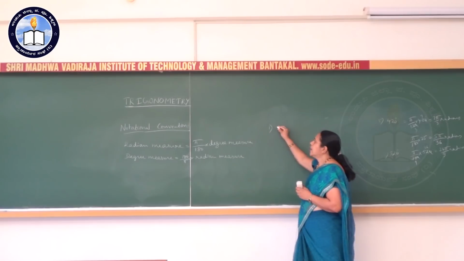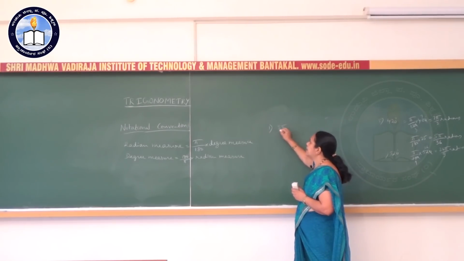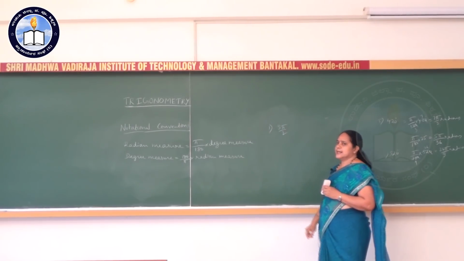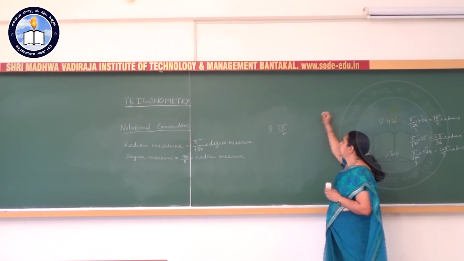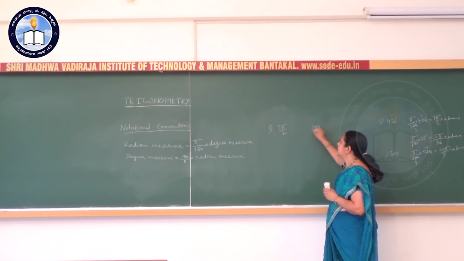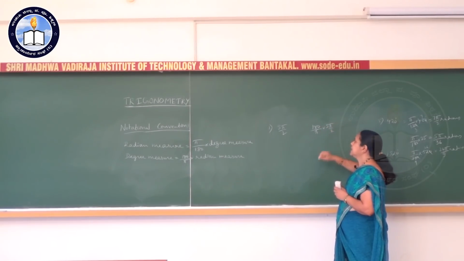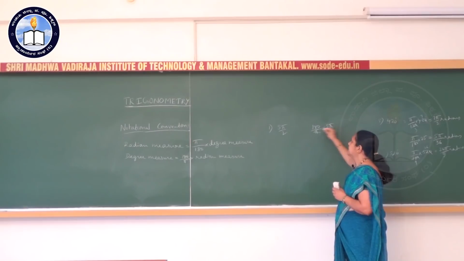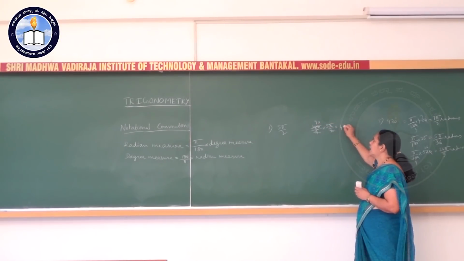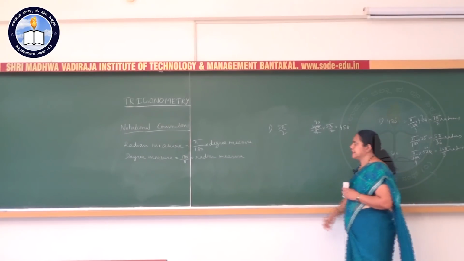For example, what is 5 pi by 2 in degree measure? It's equal to 180 by pi into 5 pi by 2, that is the same as 2 ones are 2, 90s are, or it's the same as 450 degrees.